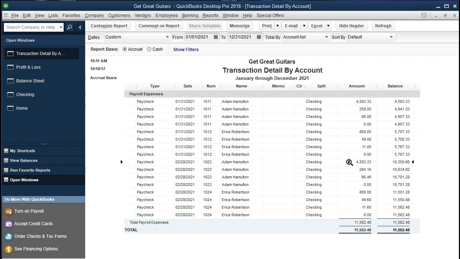So this is gross, not net. And then we included also in here, they're not breaking out, QuickBooks is not breaking out payroll taxes to another account, these being the employer portion of Social Security and the employer portion of Medicare. This being the gross pay for our second employee, the employer portion for Social Security, the employer portion for Medicare. So you can see if we have a lot of employees, this detail can be a bit confusing.